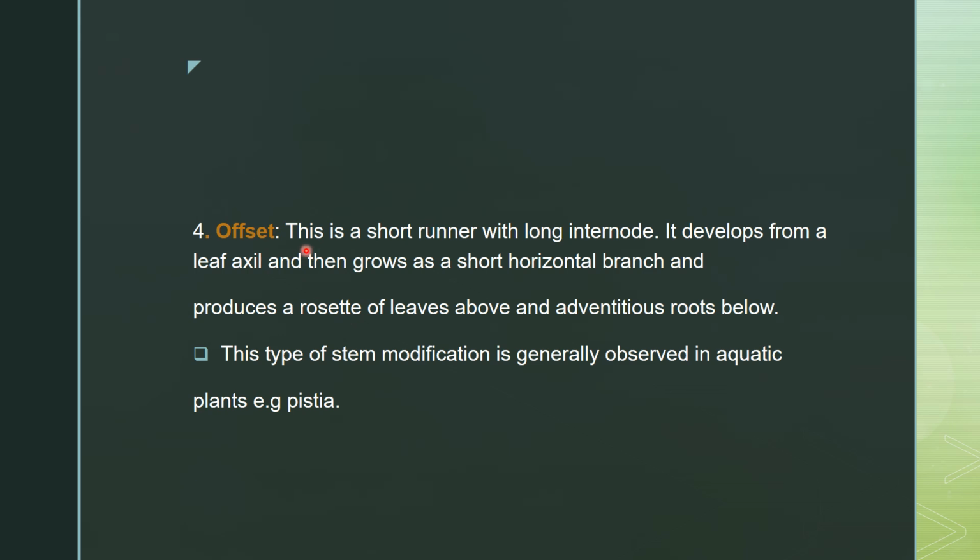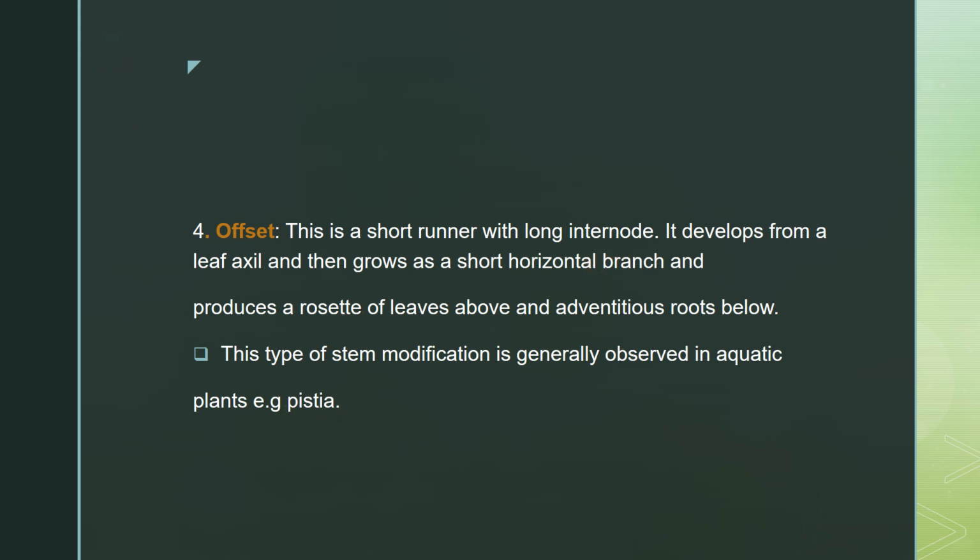The offset is the short runner with long internode. Okay, it develops from a leaf axil, or from the axillary bud, and then grows as a short horizontal branch and produces a rosette of leaves above and then adventitious roots below.